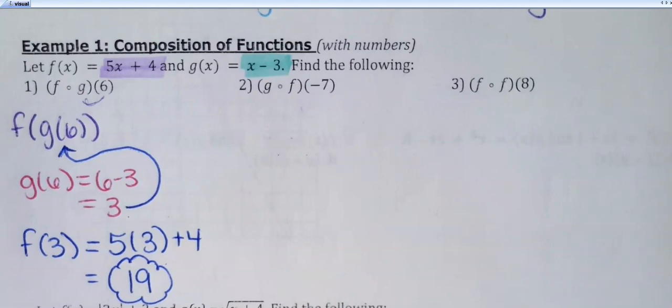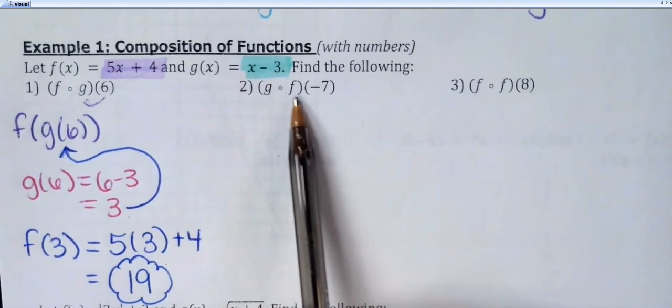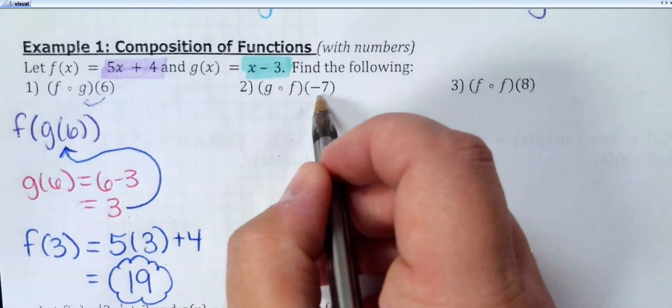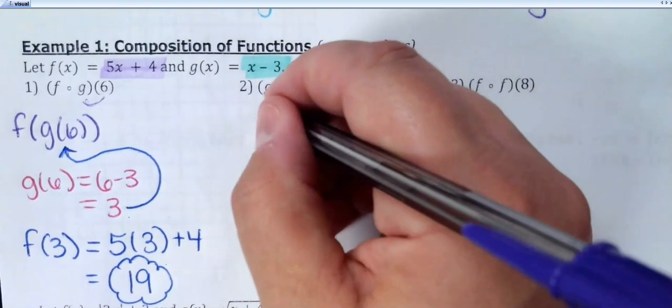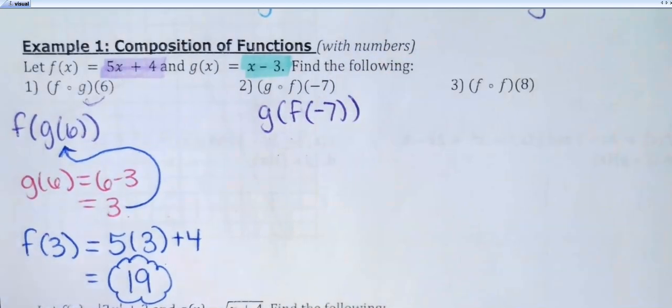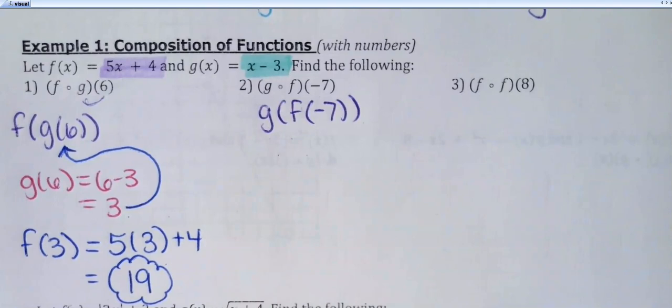Now, if I look at the one next to this, whatever's closer in that notation goes first. The other way I could write this says g composed with f of negative 7. I could also write it as g of f of negative 7. Whatever's closer to the number goes first, or if you've got the other notation, inside out.